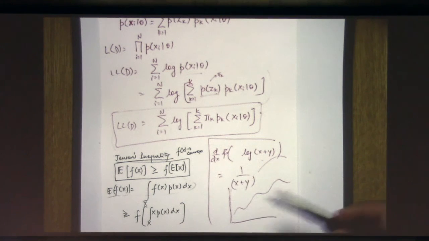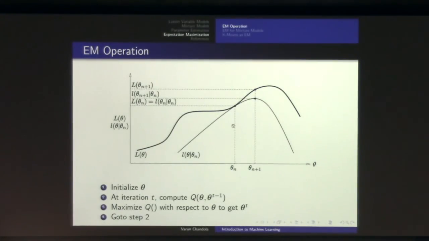So in the next class we'll see how to use this to come up with this graph, and then we'll come up with an algorithm which can quickly learn those two parameters.